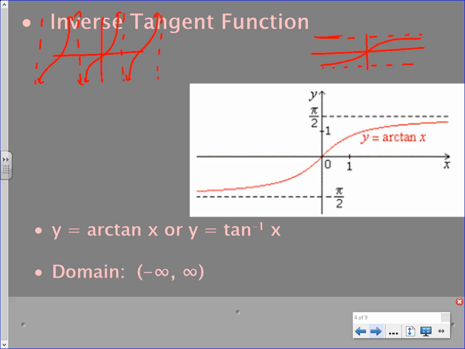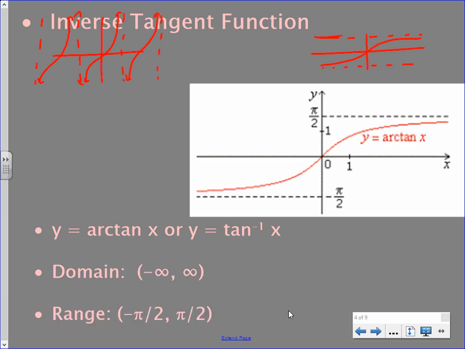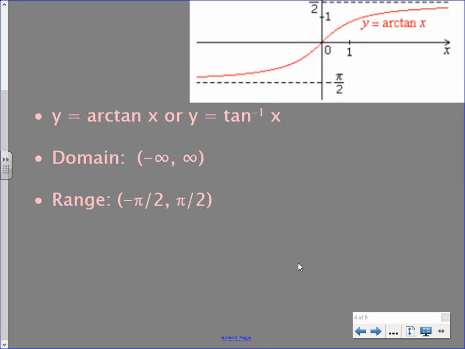We can plug anything into the inverse tangent function. Okay, and almost exactly like the inverse sine function, our range is the interval of -pi/2 to pi/2, but do notice that it's the open interval where the inverse sine was the closed interval. That's because we have asymptotes at pi/2 and -pi/2 for tangent, so it has to be the open interval.